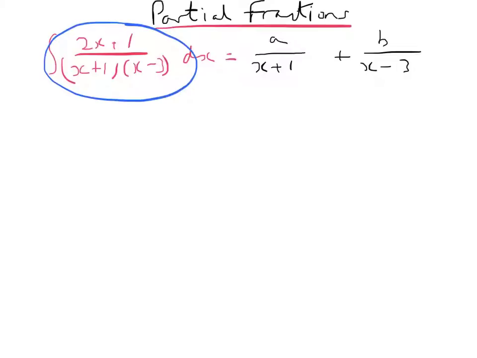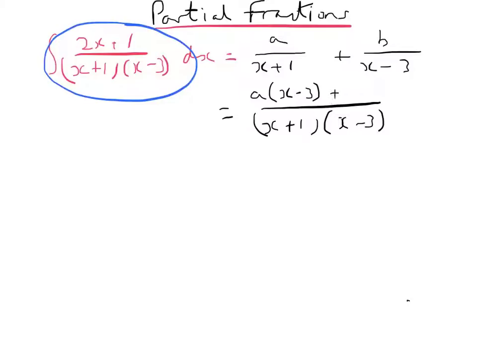So, using lowest common denominator, this must be x plus 1 and x minus 3 as my partial fractions, and this would be a times x minus 3 and b times x plus 1.